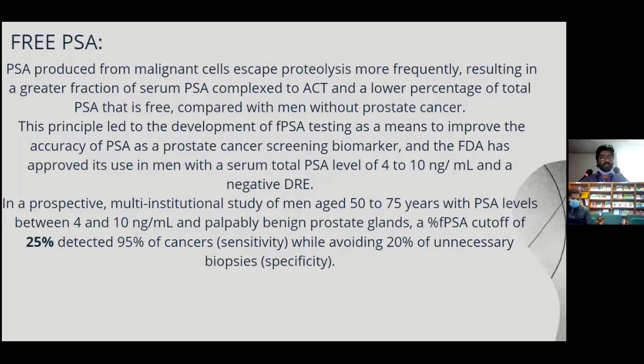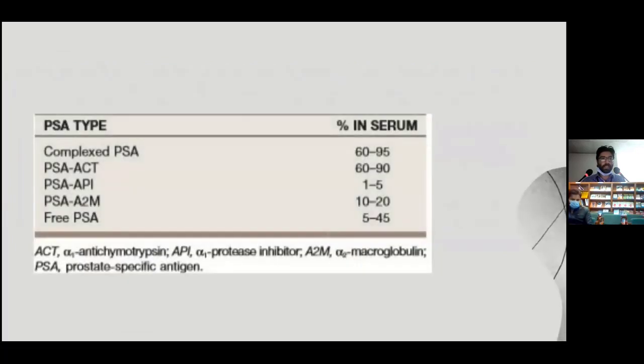In a prospective multi-institutional study of men aged 50 to 75 years with PSA levels between 4 and 10 and a palpably benign prostate gland, a percentage free PSA cutoff of 25% detected 95% of cancers, while avoiding 20% of unnecessary biopsies. So in serum, the complexed PSA is about 60 to 95%.